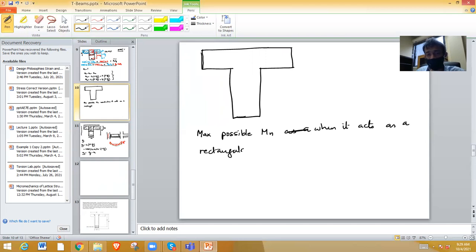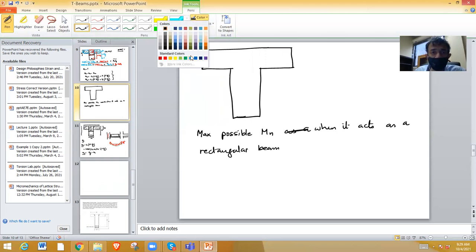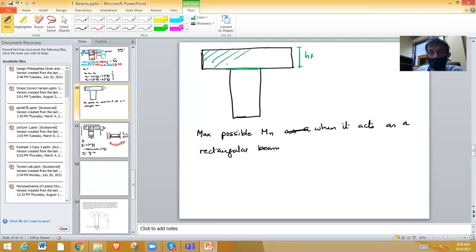That means what is the maximum nominal moment capacity I can get when this beam is still acting as a rectangular beam. That means the depth of the compression block is exactly equal to the flange height.